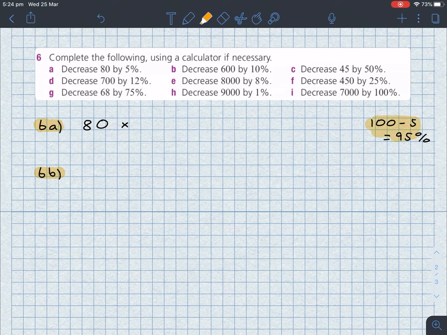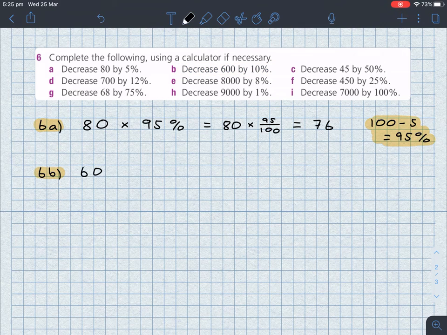Feel free to do this extra working over to the side if you need it. So 80 times by 95%, which in our calculator is 80 times by 95 out of 100, and your calculator will tell you that that is 76.